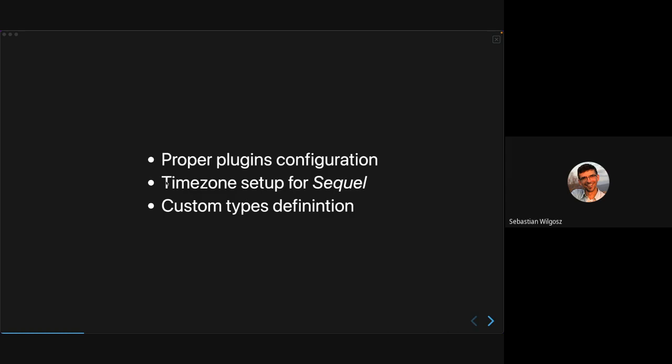But fortunately, after we figured that out, it was just one line of code added to the configuration, and that was awesome. And also, I needed to add a custom types definition, which required me to dig into understanding how dry-types work under the hood, how to compose custom types, and things like that.